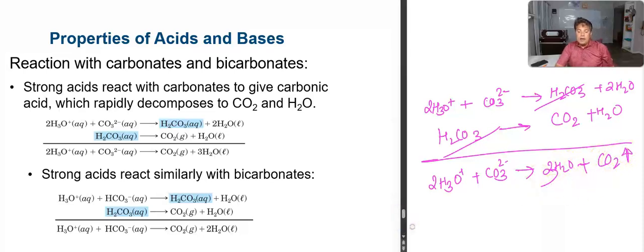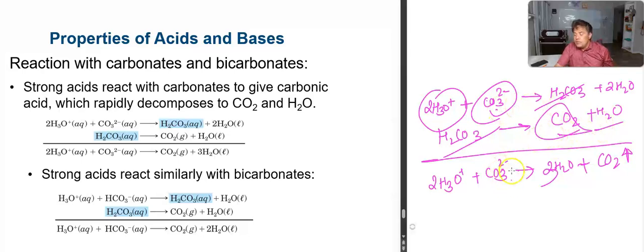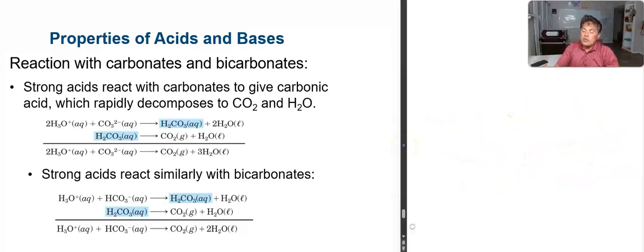Again, a strong acid reacts similarly with the bicarbonates also. If a strong acid reacts with carbonates, calcium carbonate, magnesium carbonate, it gives carbon dioxide and water. Similarly, if a strong acid reacts with a bicarbonate, again it gives the same thing. So for example, the strong acid is H3O+, the hydronium ion, all aqueous, reacting with the bicarbonate HCO3 minus.